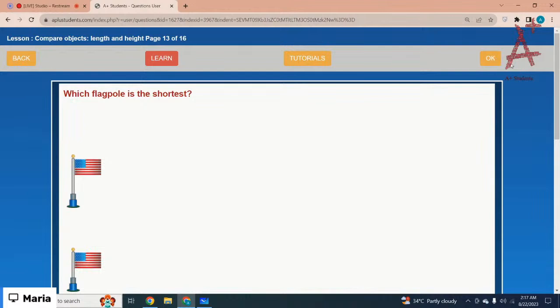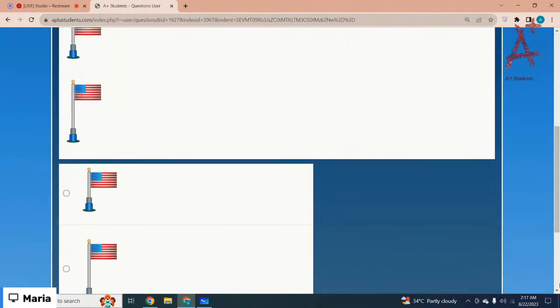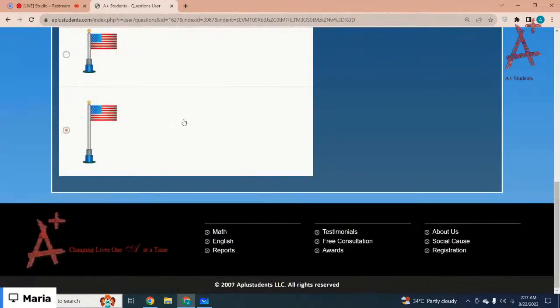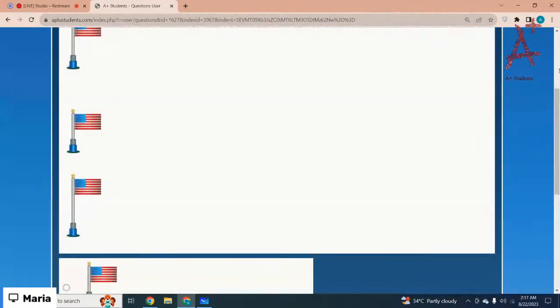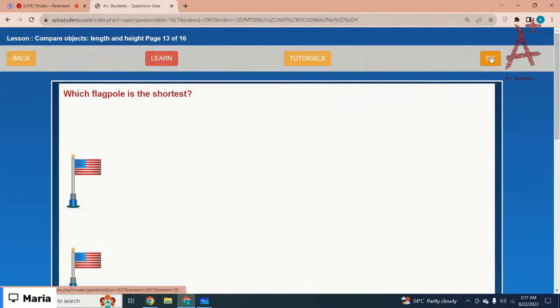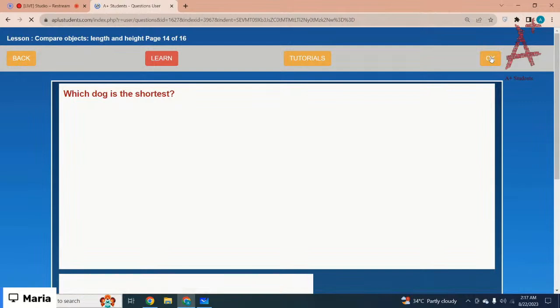Which flagpole is the tallest? The second one is the correct option.